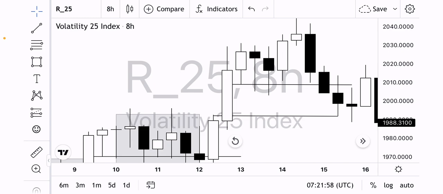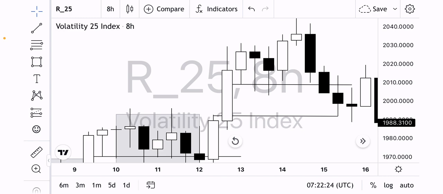Now, what is the collaboration of FVG with POIs? FVG is one of the characteristics of picking out your valid POI. FVG is actually one of the major characteristics of picking out your valid POI, because you don't expect the market to test a particular POI before moving and still expect it to come back to that same POI again.